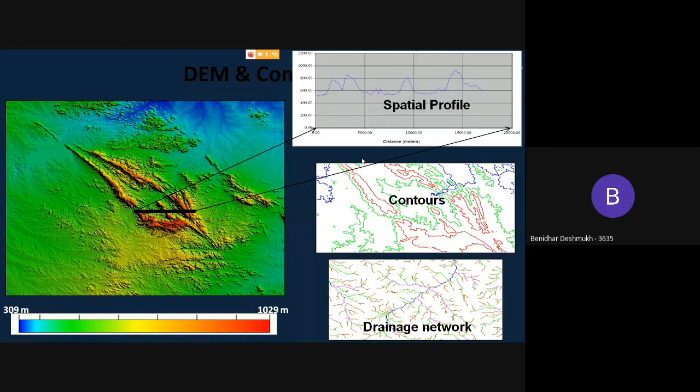Now, we can also create contours from the digital elevation model. This data is basically a digital elevation model that has been created from the SRTM satellite, and from this we can create profiles, we can create contours, and we can also create a drainage network. The elevation height shown is from about 309 meters at the blue, and at the highest is around 1030 meters.